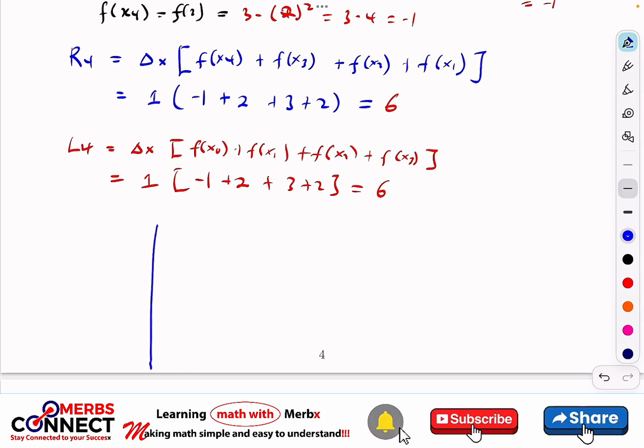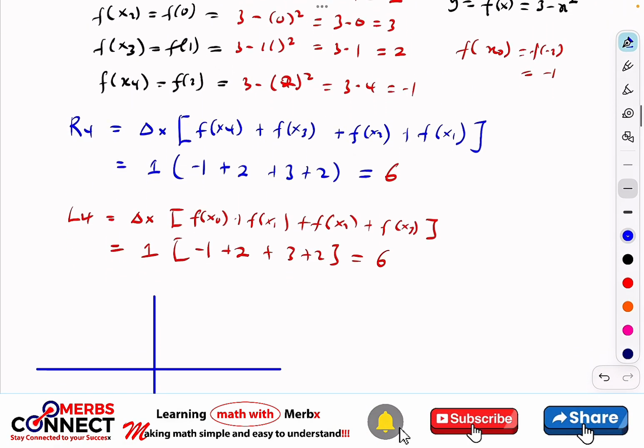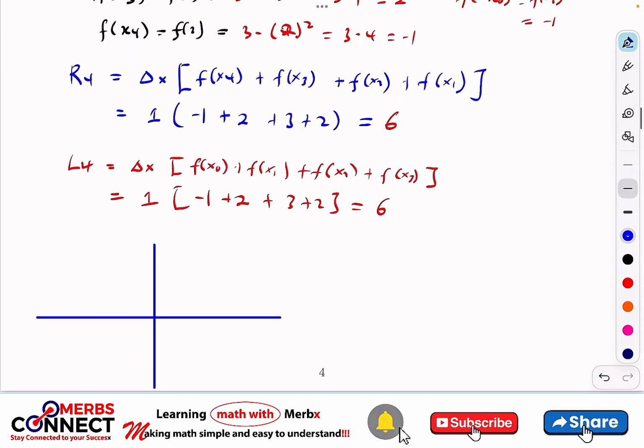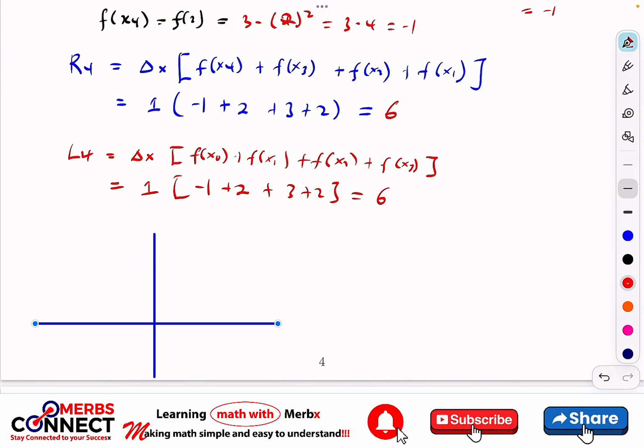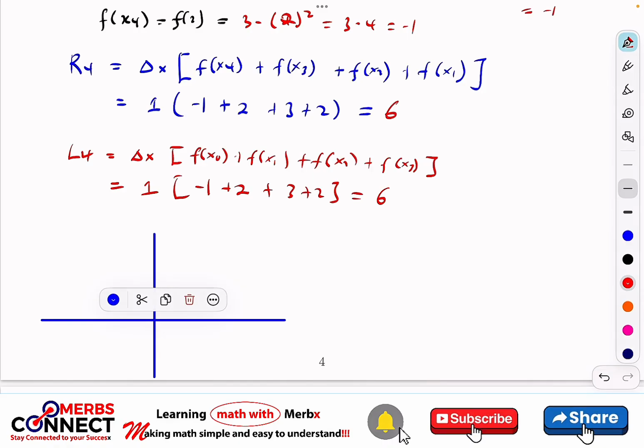I have this and then I have that. So one way to sketch the graph is we can use what we had here to sketch. Let's assume that I have minus 1 here. So let me bring this one down small. I have 0 here, I have 1, 2, 3, and I have 4 here.